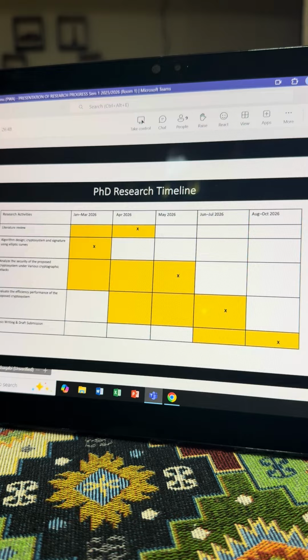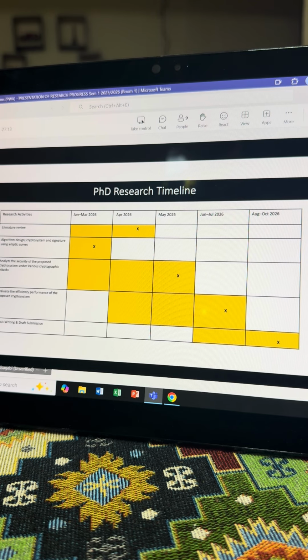PhD research timeline. In this slide, you can see a summary of the timeline of my PhD research activities, with the literature review and the design of the elliptic curve-based crypto system and signature scheme planned for completion by early 2026.